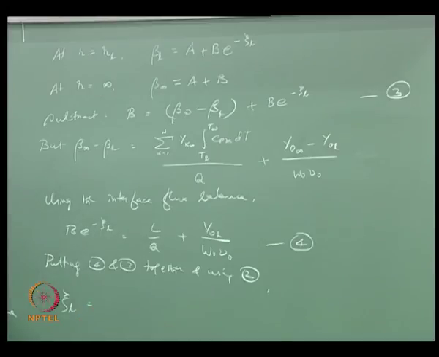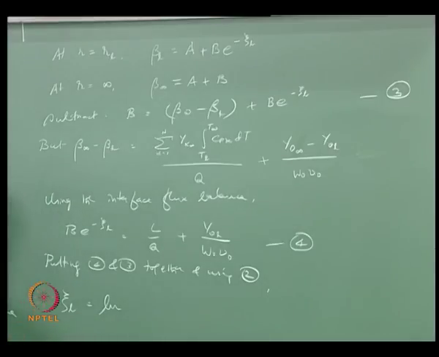equal to natural logarithm. We got the natural logarithm because between these two, if you now try to get rid of B, you will be working with e to the minus psi L, and if you now try to extract psi L out of it, you will get a natural logarithm.